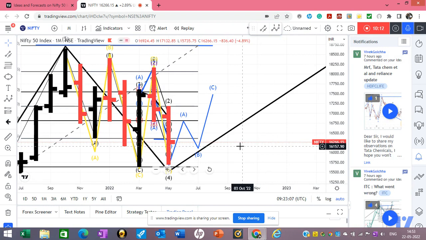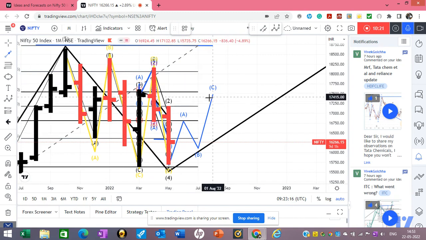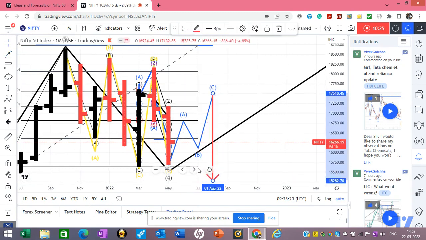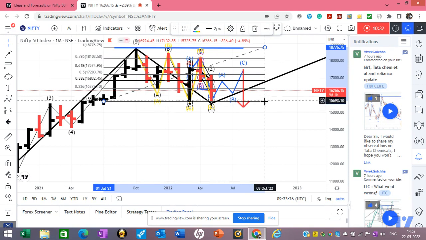I will be confident only when Nifty is on a decline and has breached this line. When this black line is breached, I can say that Nifty is bearish.